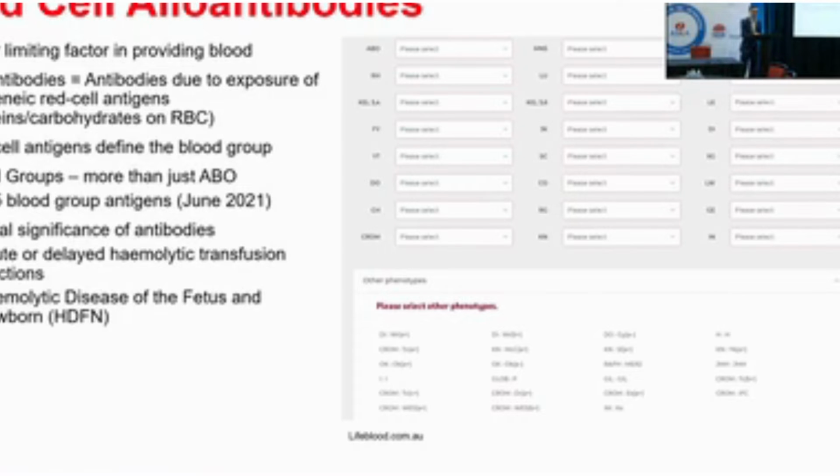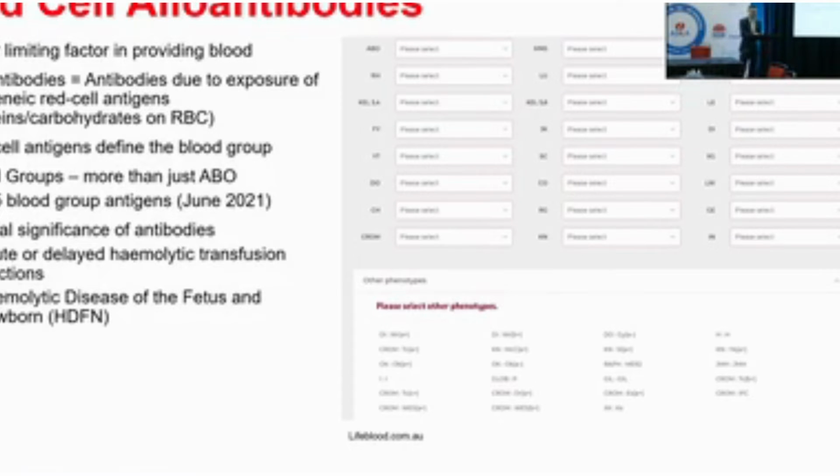So we are all familiar with the ABO blood group, so the O-POS, the A-neg blood groups. However, as of June of last year, the International Society of Blood Transfusion, the ISBT, has recognized about 345 blood group antigens. And of course, this number is increasing as we learn more about antigens and blood groups.